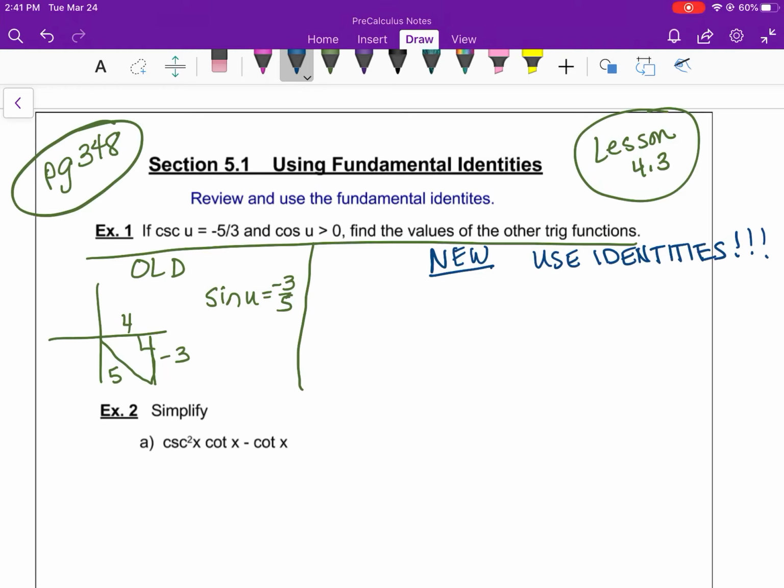And so what I'm going to start off with, I know that sine is -3/5, and that's using a reciprocal identity. Now to get started on finding the rest of them, I'm going to go back to my Pythagorean identity. I'm going to plug in my sine.